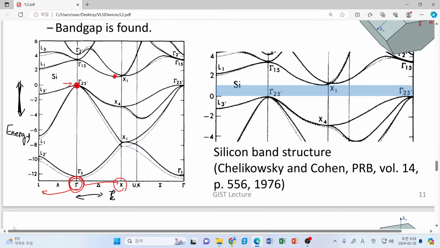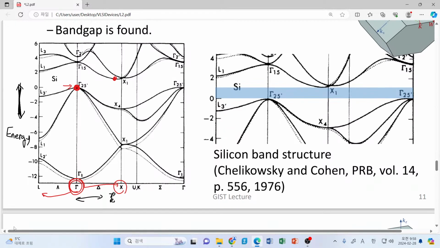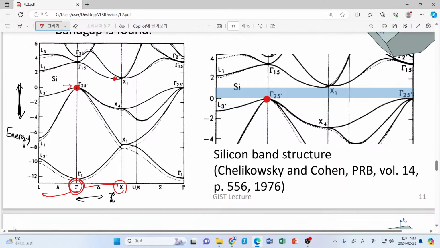Since this is very important to us, let me have a look at a magnified version of this. I cropped it and magnified it here. Once again, this point is the maximum energy of our valence band.